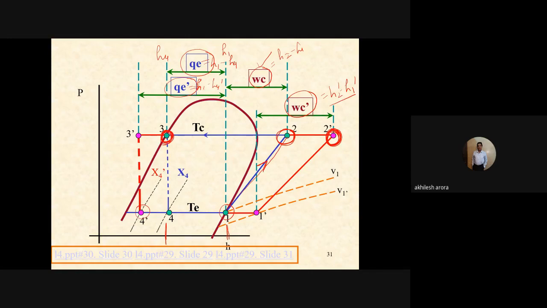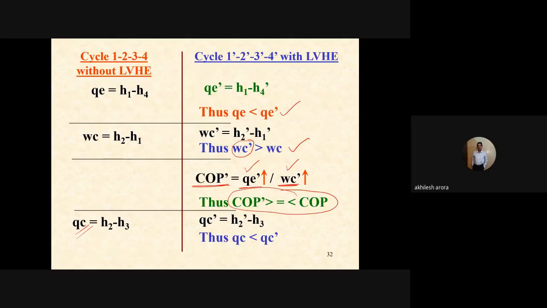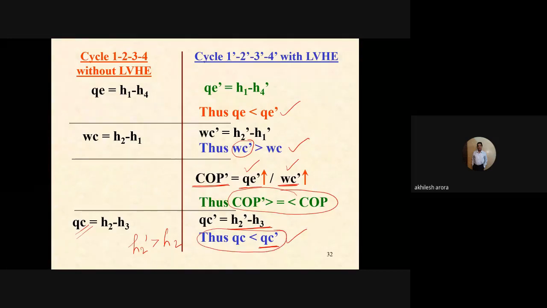So in the second case, it is H2 dash minus H3. As you know, H2 dash is greater than H2. Therefore, heat rejected in the condenser per kg of the refrigerant has increased. So this is the conclusion for this particular case. Then let us talk about the volumetric efficiency.